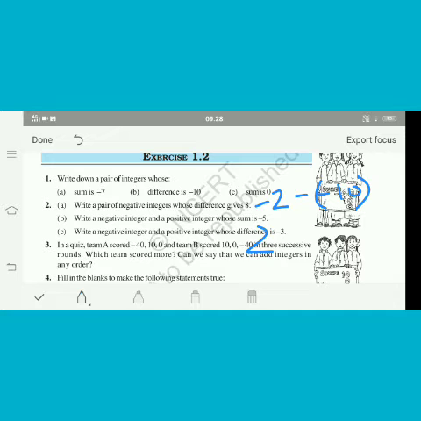So afterwards it will be 2 minus 10. So here the answer comes out, the answer will be 8.